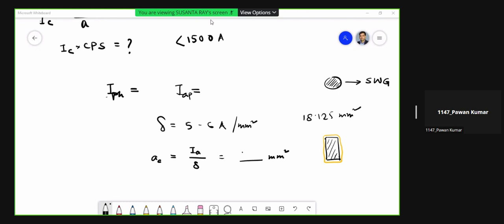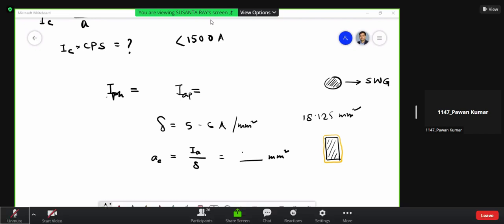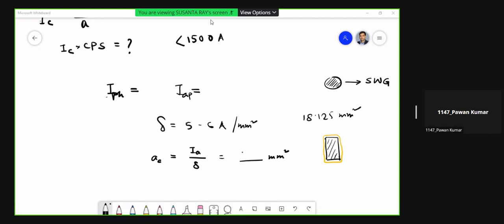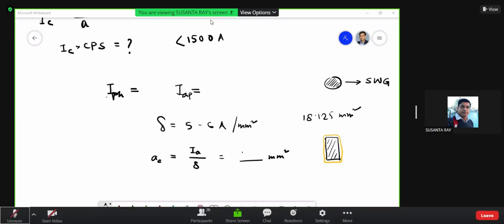Sir, for the cross section, 20.56 square millimeter is coming. So I will take the rectangular bar. All of you take rectangular bar for higher ratings, but those who have less than 20 horsepower or 20 kilowatt can take round wire.